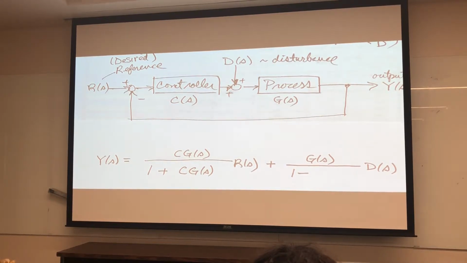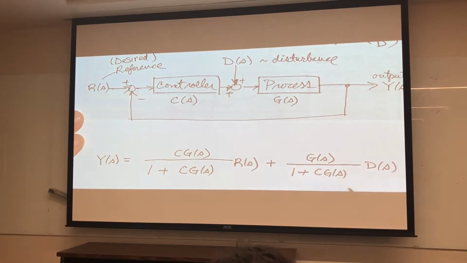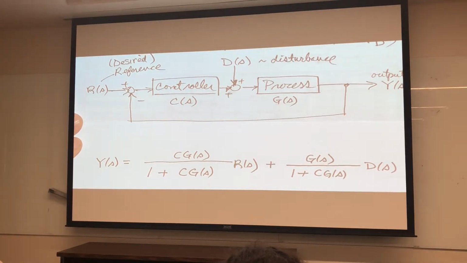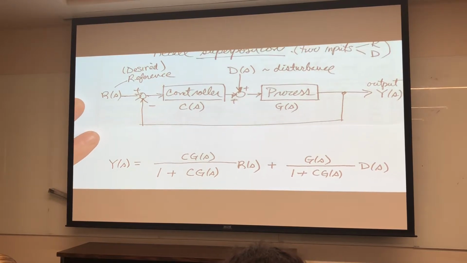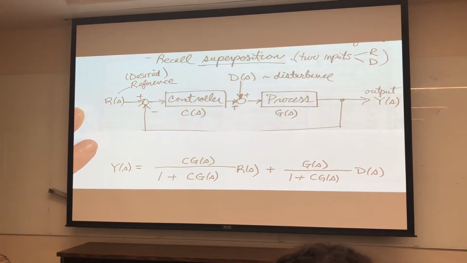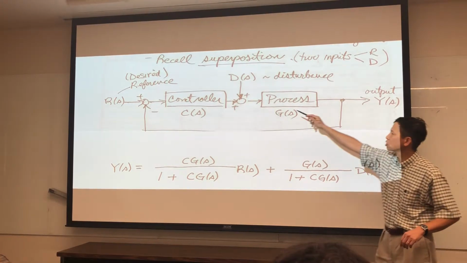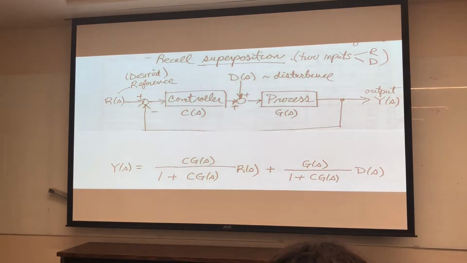And again, the loop is unchanged, and so we have 1 plus C G of S. So we got to this point basically by using the principle of superposition. Okay, we have two inputs, so we just treat them separately. Any questions at this point?